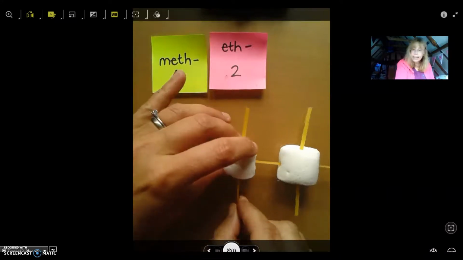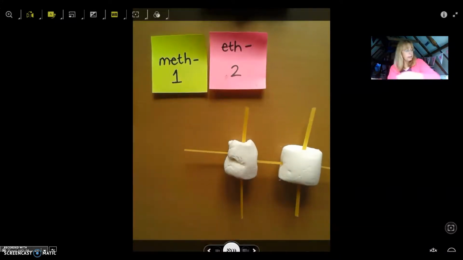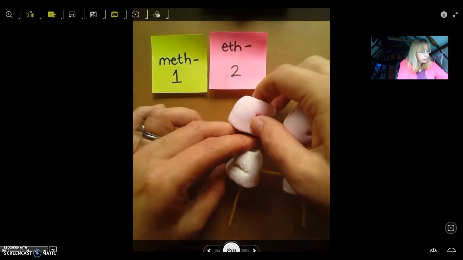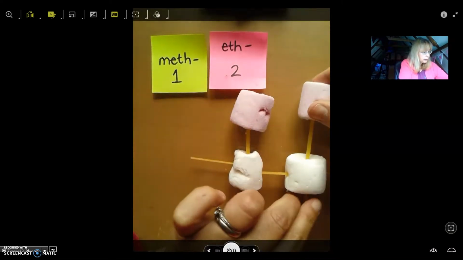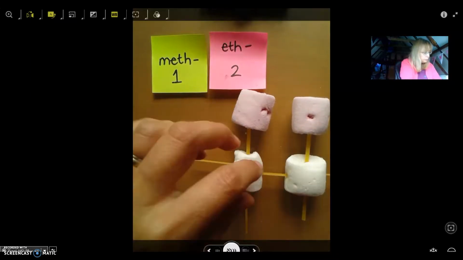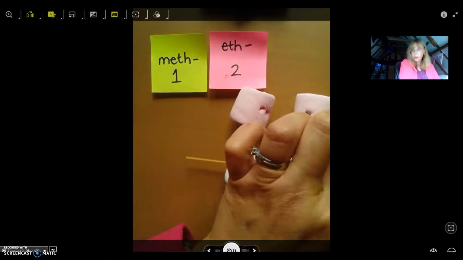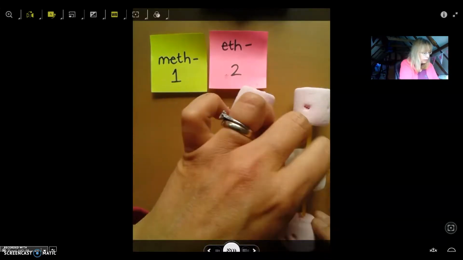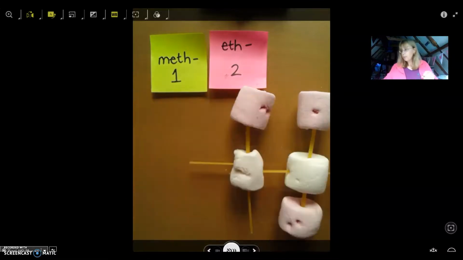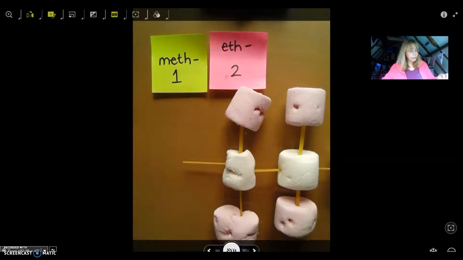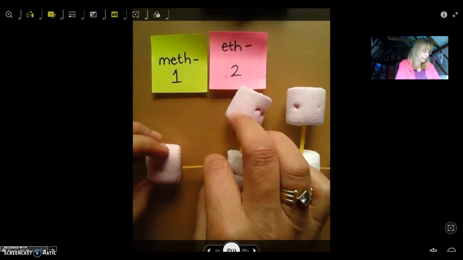So now I can join the hydrogens to this: 1, 2, 3, 4, 5, and 6.